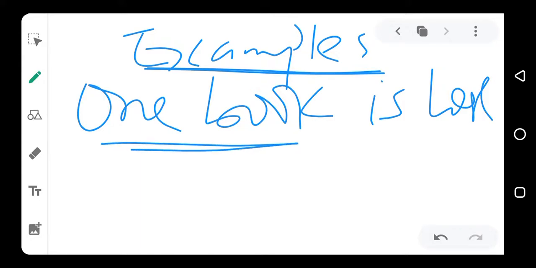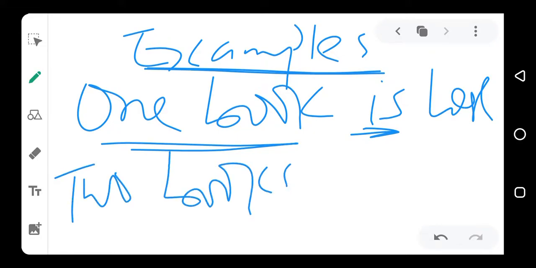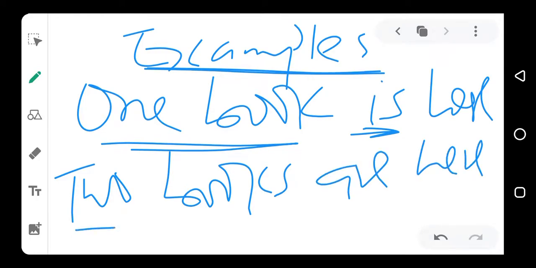One book is a singular subject, so it needs a singular verb, which is. Then we have: Two books are here. Two books is a plural subject, so it needs a plural verb, are.